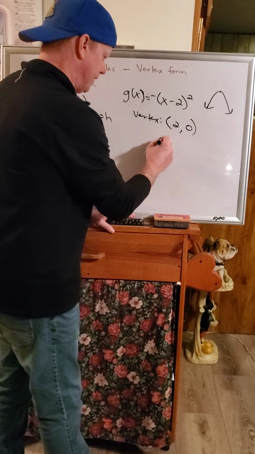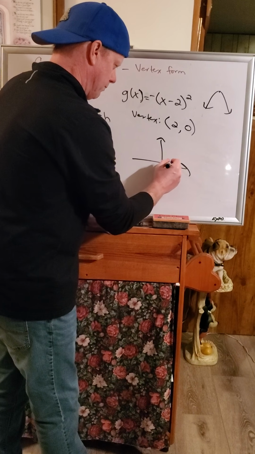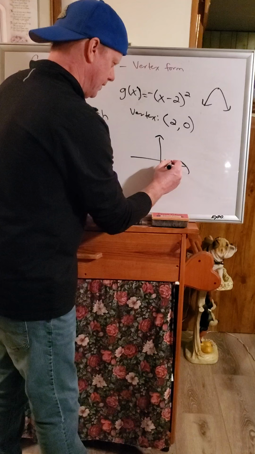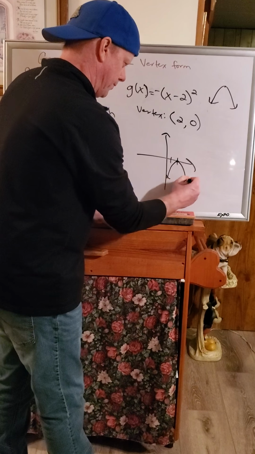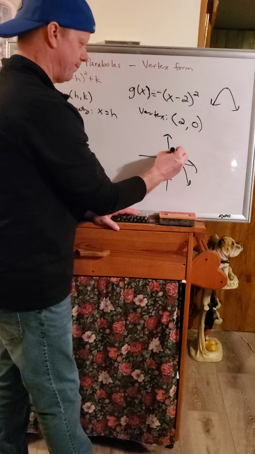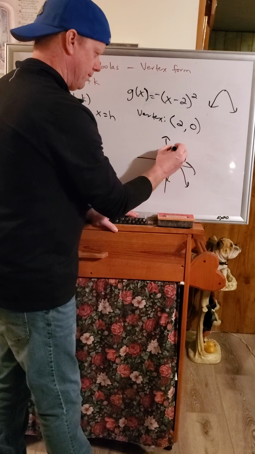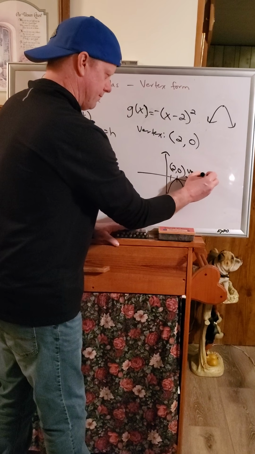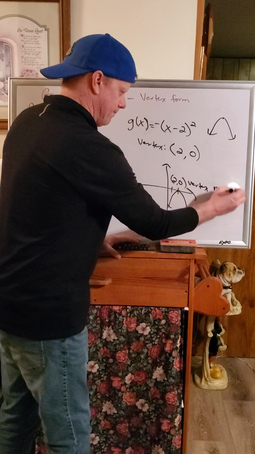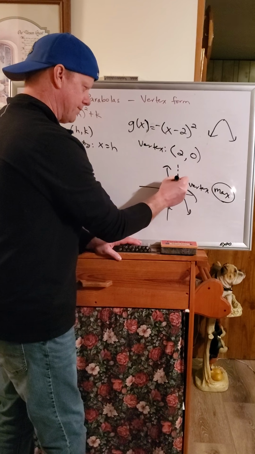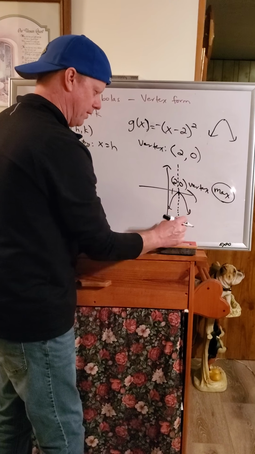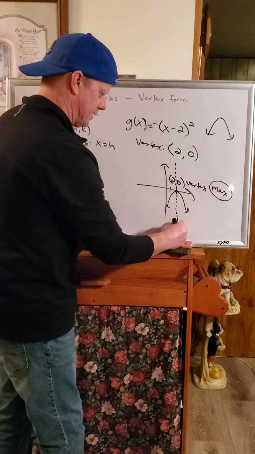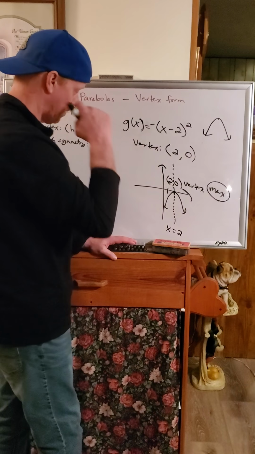So a quick graph of this. The vertex is going to be at 2, 0. It's going to open downward because of the negative sign. 2, 0 is where my vertex is at. It's going to be a maximum. And the line of symmetry is going to be the equation x equals 2.